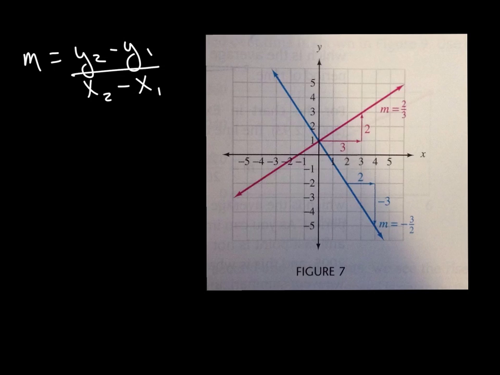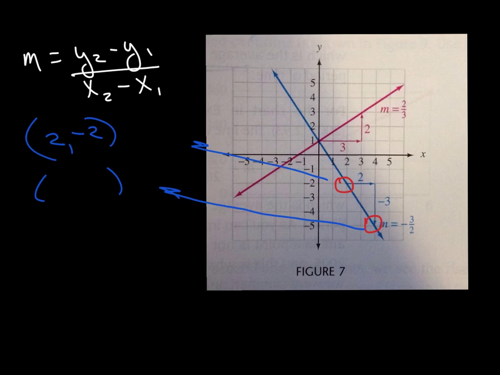Let's pick this point here and this point here, just to show you it doesn't really matter. This point here is (2, -2), and this point down here is (4, -5), it looks like.